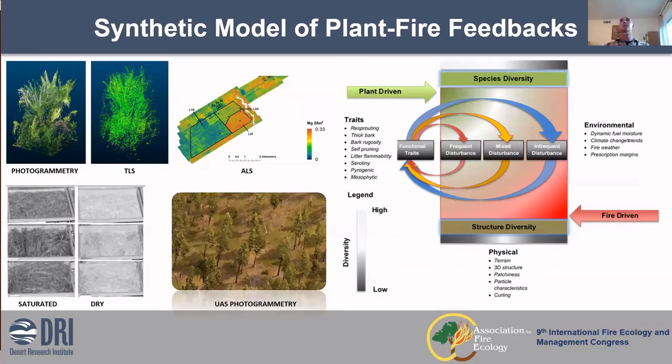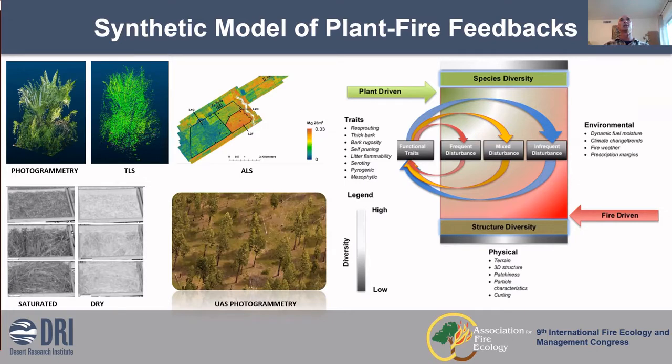Additionally, we've been playing around with this conceptual model of whether or not fire and fuels are plant-driven or fire-driven. And what you'll see in other presentations, like with Gina Cova and her photogrammetry, is that TLS is expensive. It's hard to come by. There's other presentations that you'll see in this conference using the Leica BLK, where it brings the cost down.